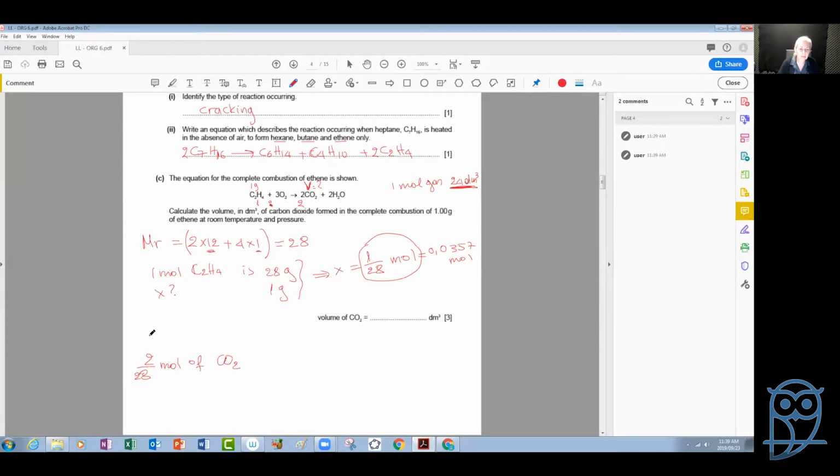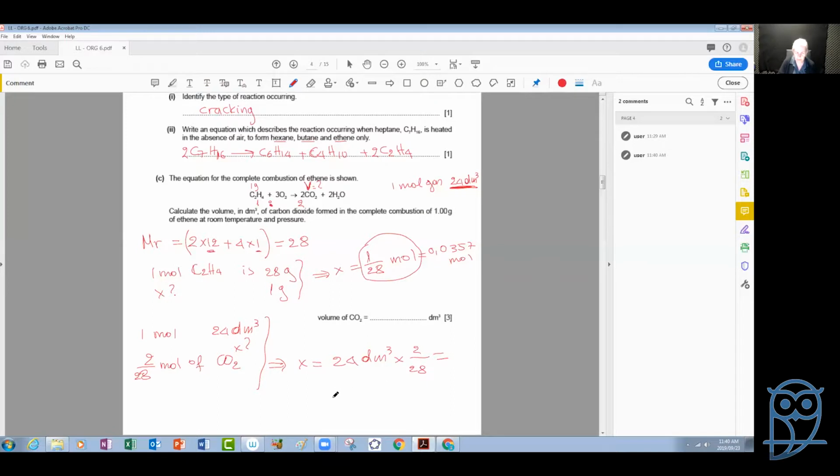So we know now that 1 mole of carbon dioxide, of any gas, is 24 cubic decimeters, occupies this volume. So the 2 over 28 moles, how much volume do they occupy? And again, if we solve for x and do the calculations, that will be 2 over 28, yep.